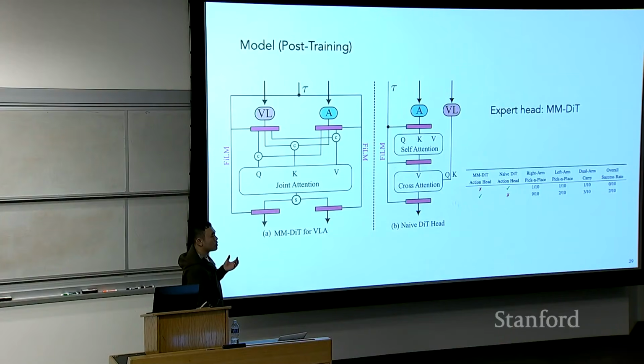You still need attention across different tokens, and at the same time, you want the action features mixing with the VL features. They are basically doing some sort of channel-wise attention, along with the spatial attention. I don't know if I answered this question. That makes sense. Thank you.